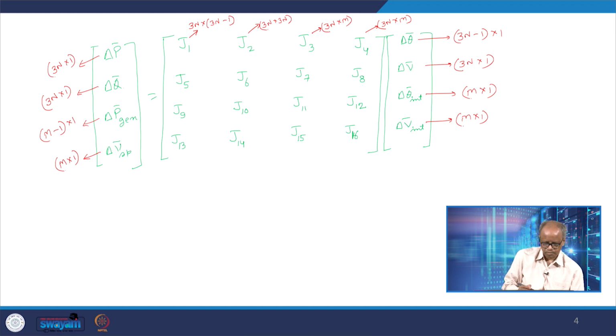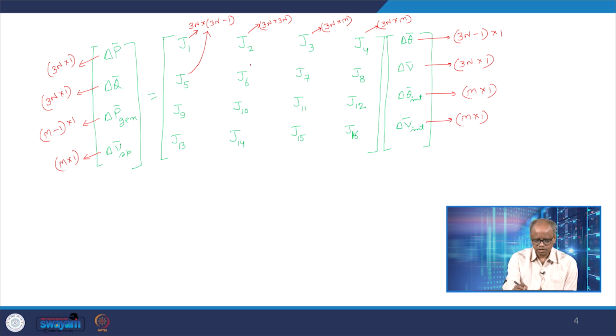Okay. What is delta Q? What is now the dimension of J5? J5 is connecting delta Q with delta theta, and delta Q is 3n, this is 3n minus 1. So, J5 will have the same dimension as that of J1. J6 connects delta Q with delta V, and this is 3n, this is 3n.